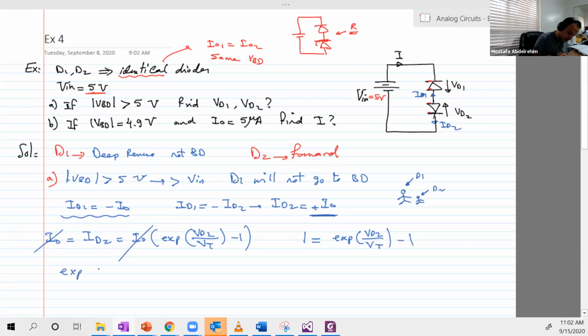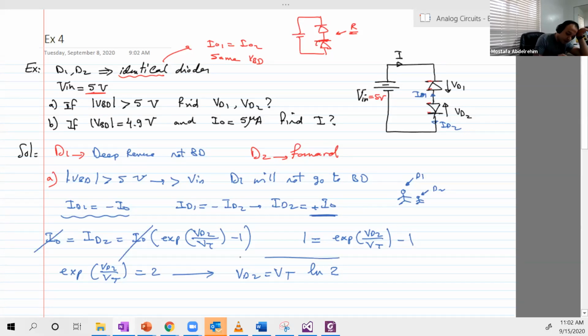So exponential VD2 over VT is equal to 2. So VD2 is equal to VT ln 2, which is log to the base of the natural number e, which I call ln. I don't like using log because it confuses me.